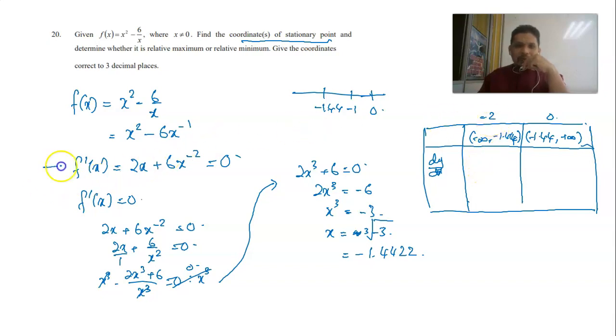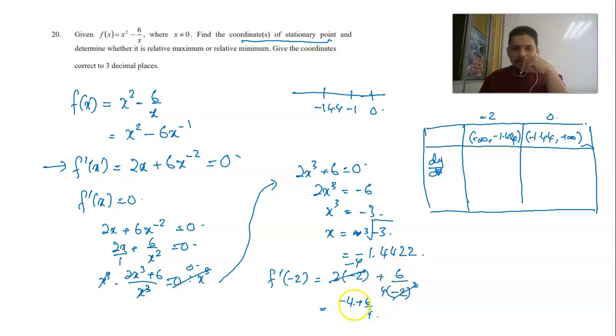Substitute into f prime x. So f prime of negative 2 is 2 times negative 2 plus 6 divided by negative 2 squared. Negative 2 squared equals 4. So negative 4, and positive 6 over 4.